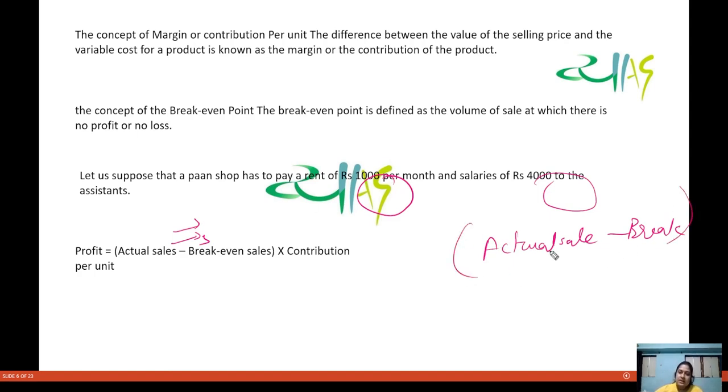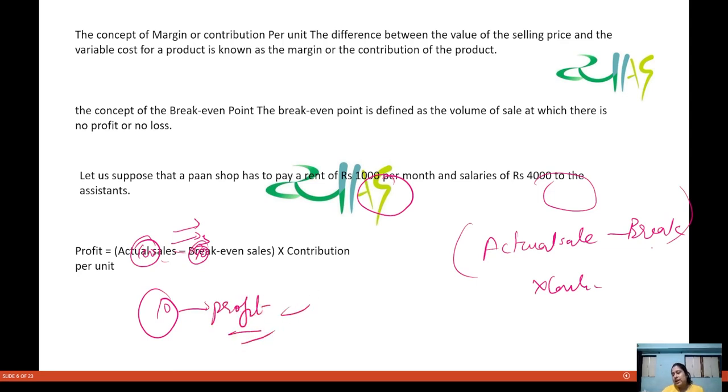So actual sale minus break even sale into contribution per unit will be profit. Now let's say I am having 100 actual sale and break even sale is, let's say, 90. So that means only 10 items will contribute to my actual profit.